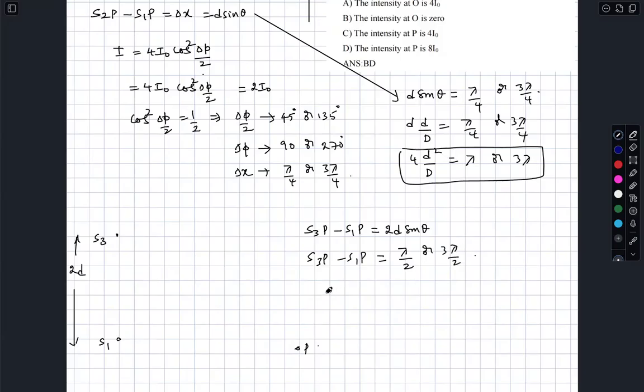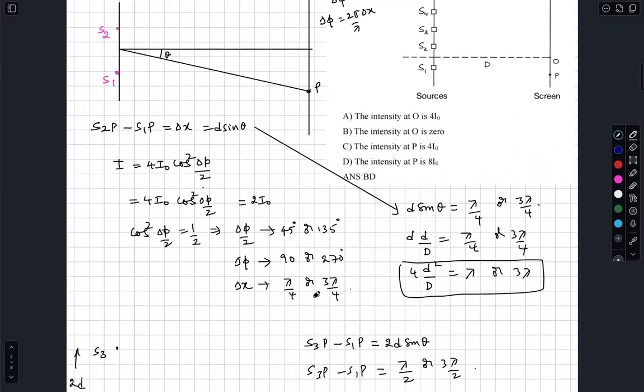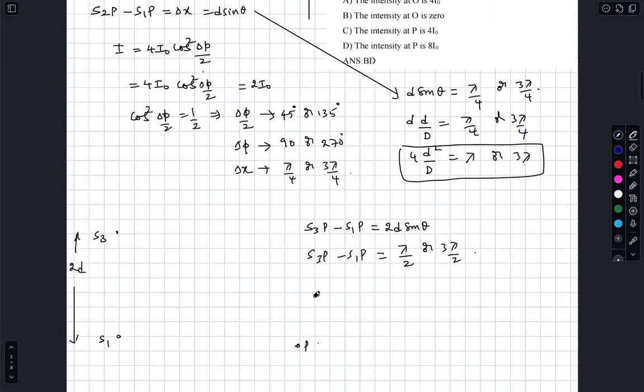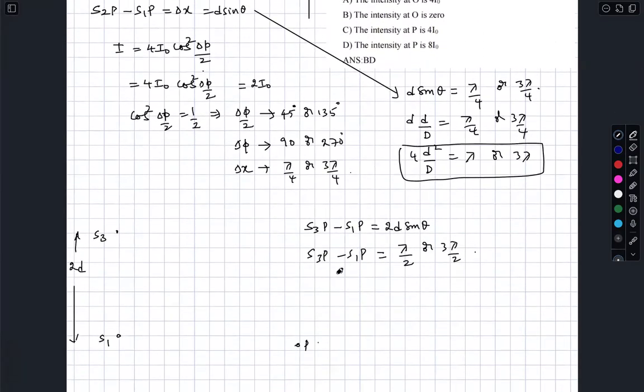The problem is that S3 is already out of phase by default at the production stage itself. So S3P plus lambda by 2 minus S1P, because it's already, as they mentioned, out of phase, means the path difference at any equidistant point is still lambda by 2 from the production stage itself.